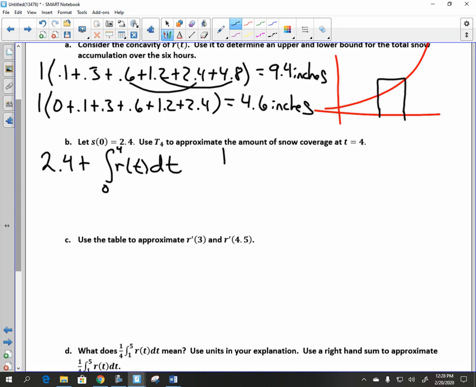So R sub 4 is going to be equal to, what do we start with? Very good, 0.1 plus 0.3 plus 0.6 plus 1.2. If I add that up, I get 1.8 and 0.4 makes 2.2. And then L sub 4, how does that change?